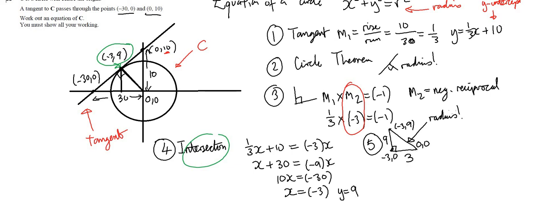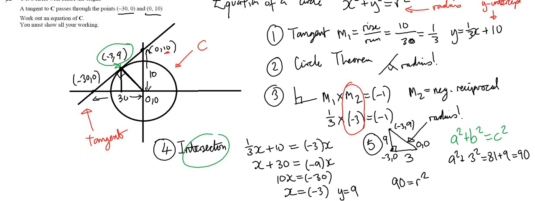So we have to use our old friend Pythagoras. So we've got 9 squared plus 3 squared is 81 plus 9 equals 90. Okay, so 90 is equal to the radius squared.